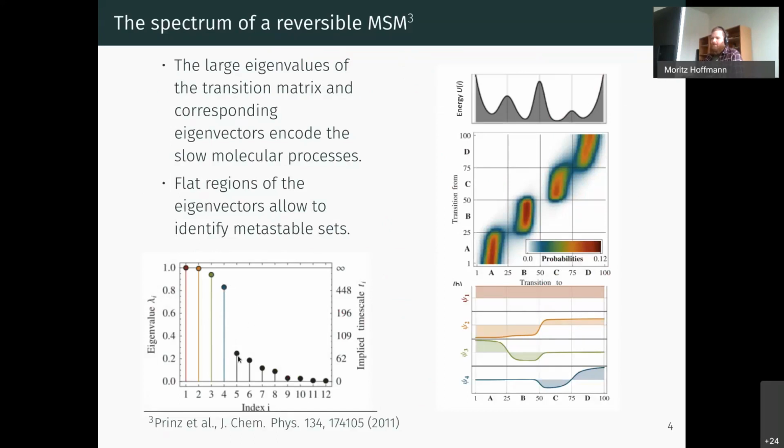And then we know, okay, everything starting with 5 is probably too fast for what we care about, and we can drastically reduce the complexity of our system by going from 12 states to 4, or to 4 processes. In this case, these 4 processes correspond to the 4 energy wells, which are connected by these 3 barriers.